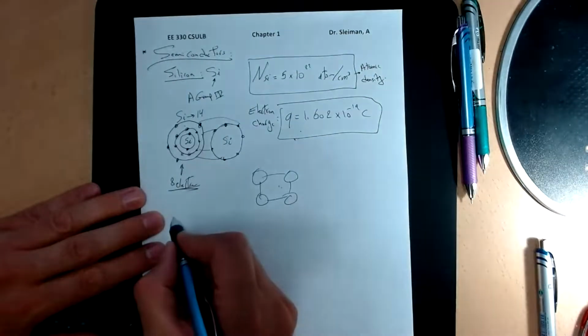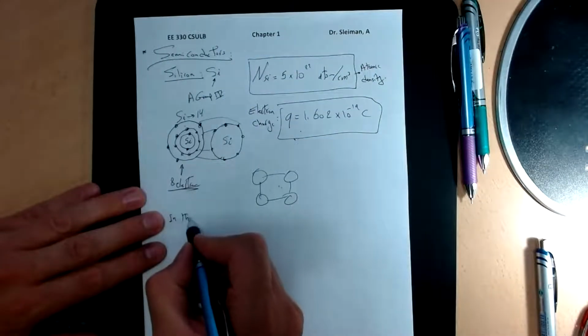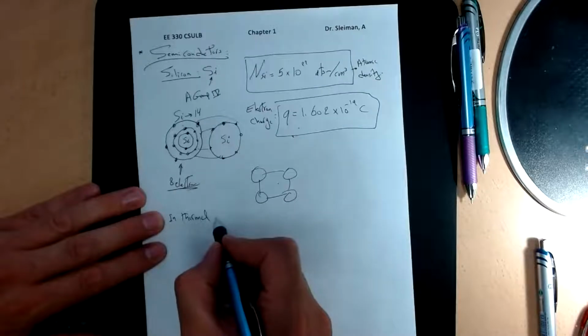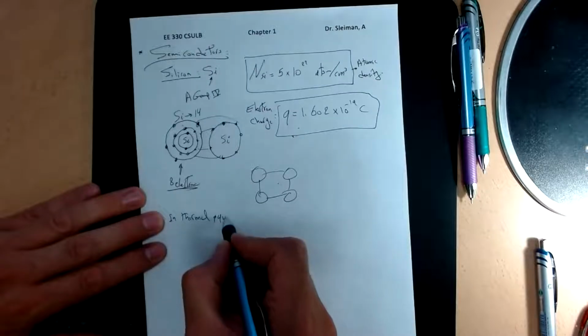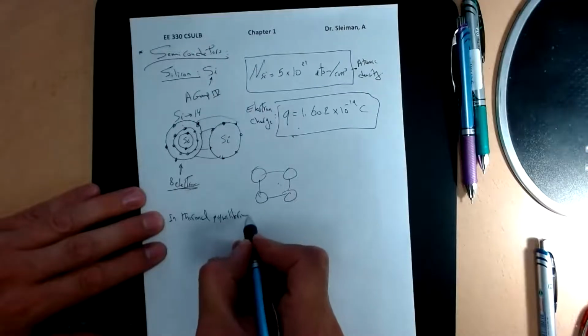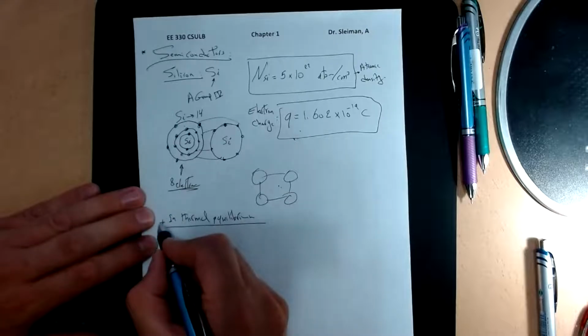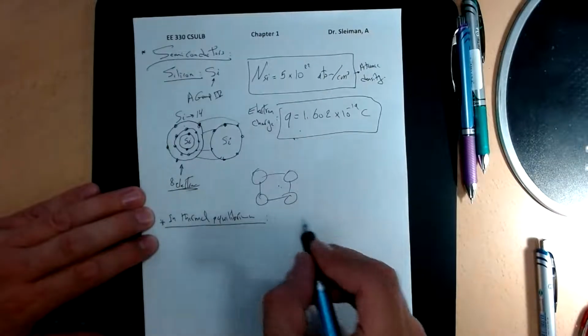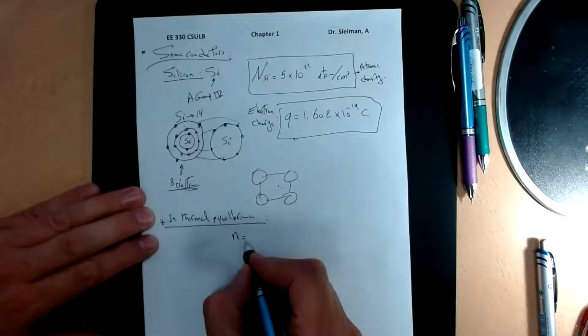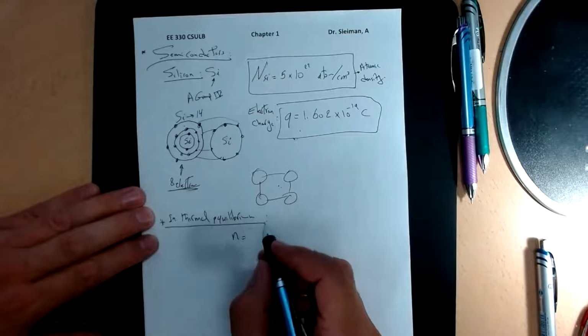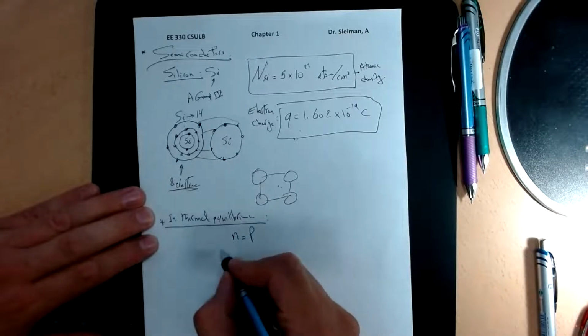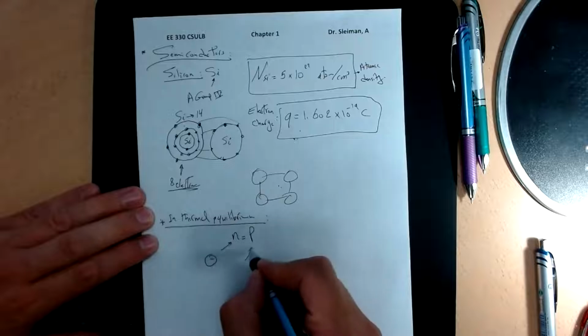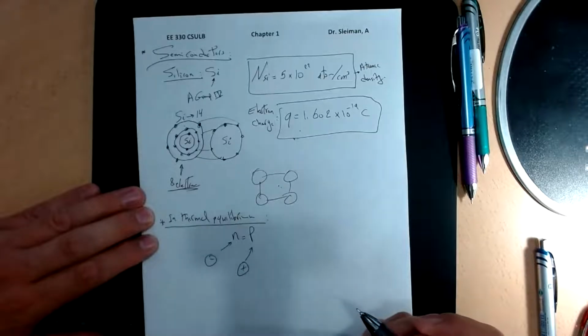So in thermal equilibrium, everything is intact. So the number of electrons is equal to the number of holes. Usually this is the negatives and this is the positives.